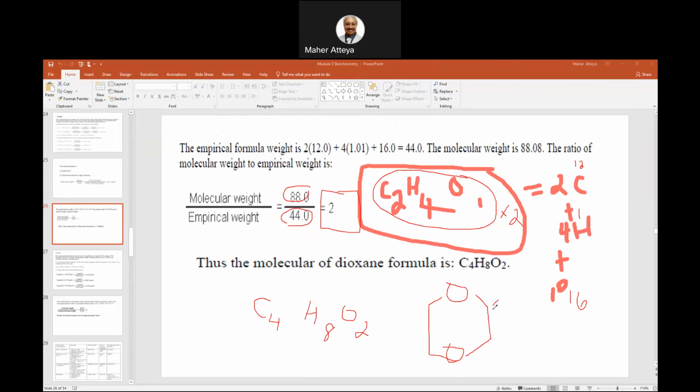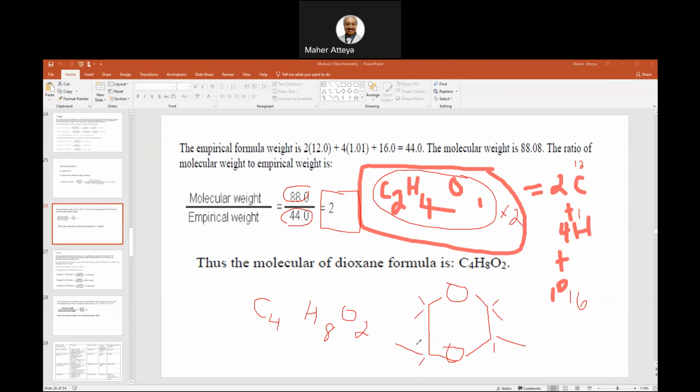This is 2 hydrogens. This is another 2 hydrogens. It's another 2 hydrogens, and there's another 2 hydrogens. So this is dioxane.